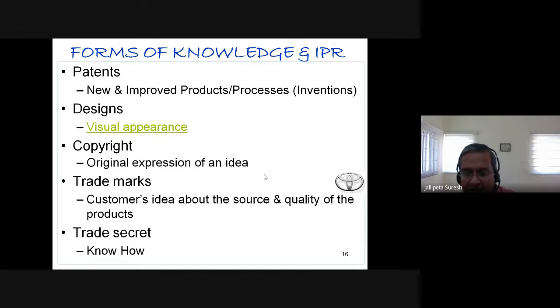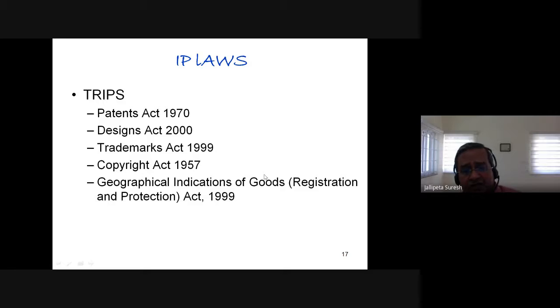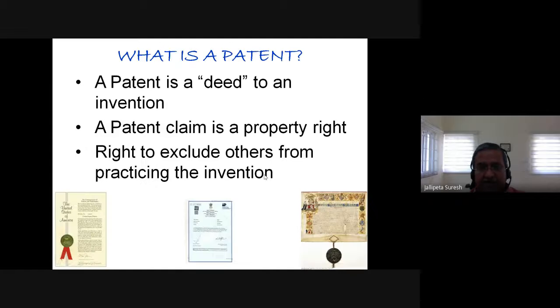So that's the value of trade secrets. And in India, unfortunately, we don't have law yet to protect the trade secrets in India. Now, so these are the laws we have in India: Patents Act, designs, trademarks, copyrights, and geographical indications.